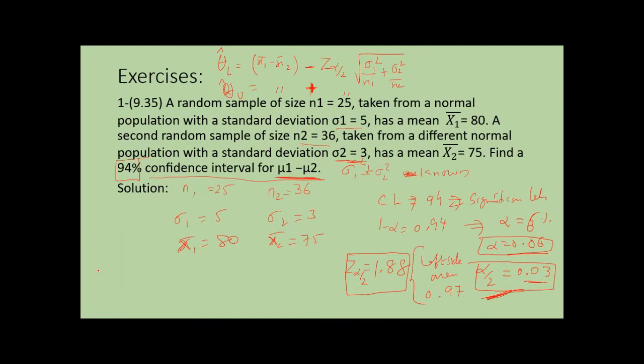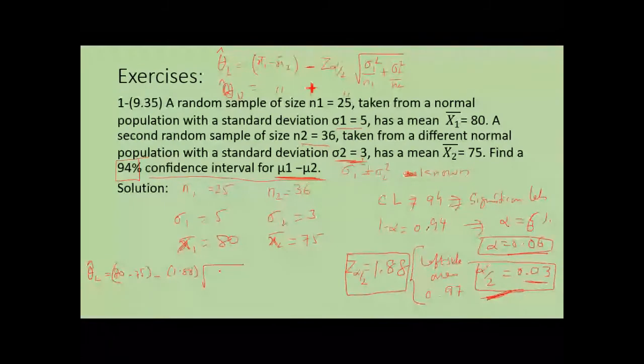Now can we find this one? Let me solve it here. One part, theta lower capital L. What is x1 bar? 80 minus 75. Use a calculator. I think these are very easy to solve. Z value is 1.88.